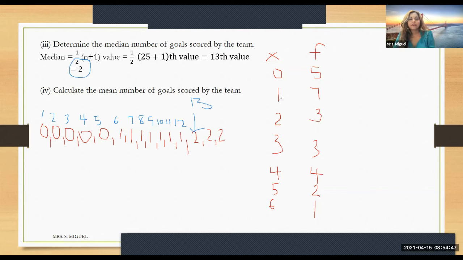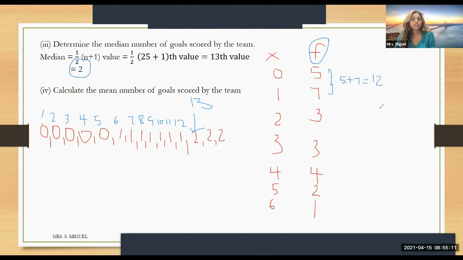But instead of listing the information, there must be an easier way to find the median. The method is we add the frequencies until we reach 13. So 5 and 7 is 12.